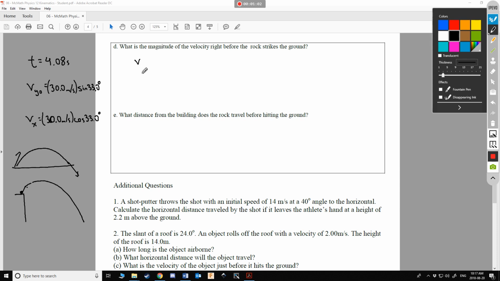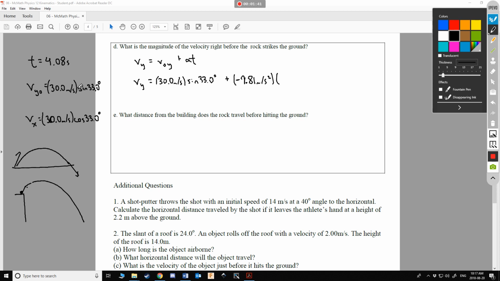So I'm going to write down Vy is equal to V0y plus AT. Our initial velocity was 30.0 meters per second multiplied by sine 33.0 degrees, so that is our initial Vy. Our acceleration is negative 9.81 meters per second squared, because acceleration is downwards.